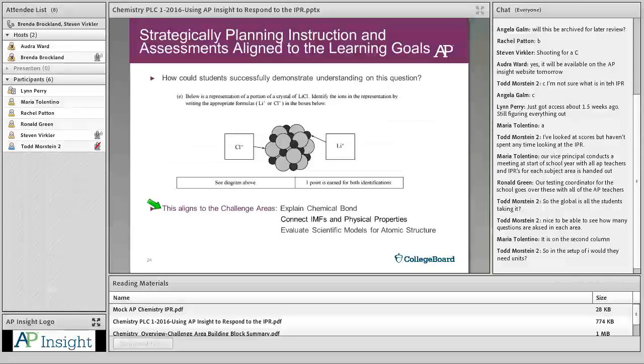As you're going through and looking at the questions and thinking to yourself, I've just looked at the IPR, what areas do I want to improve on? And you can see in this question here, this one is quite impressive because it really connects to a number of different areas that are part of the challenge areas of AP Insight.